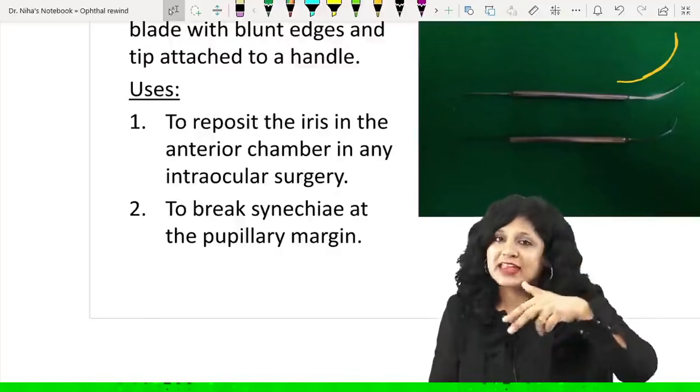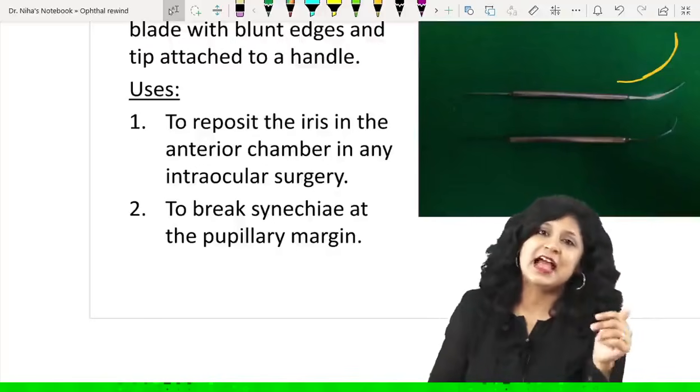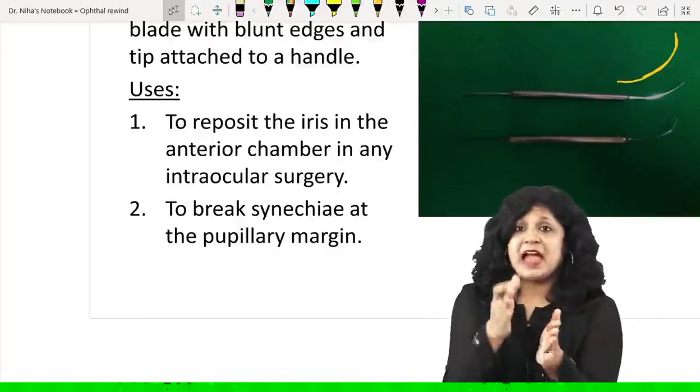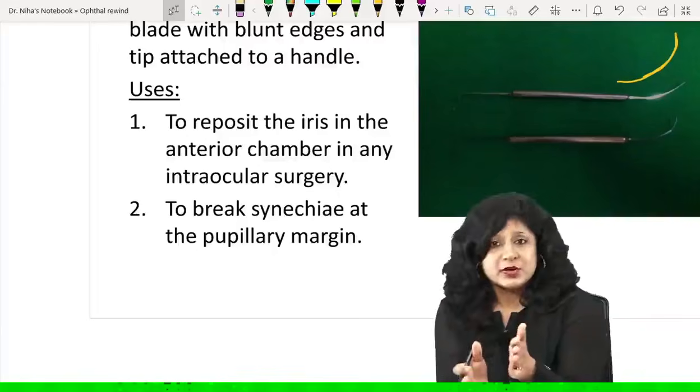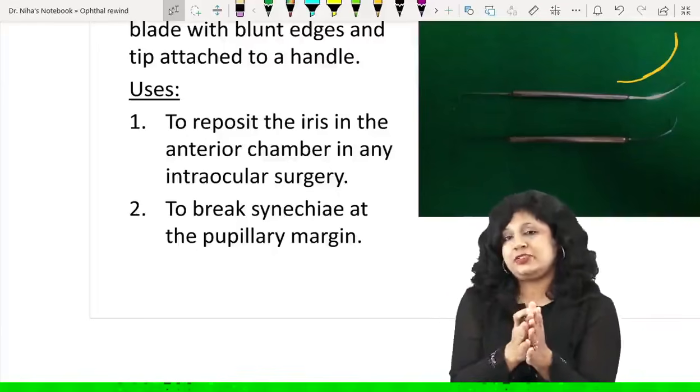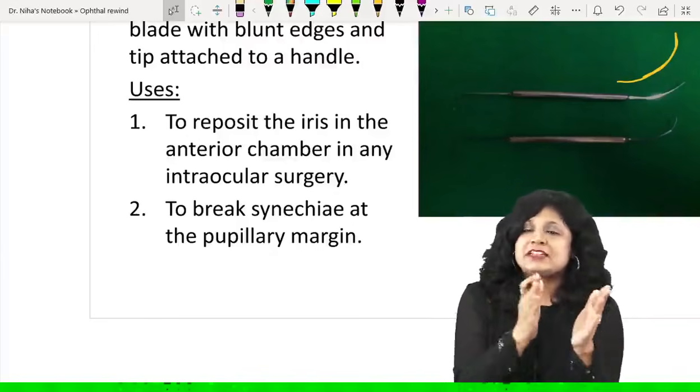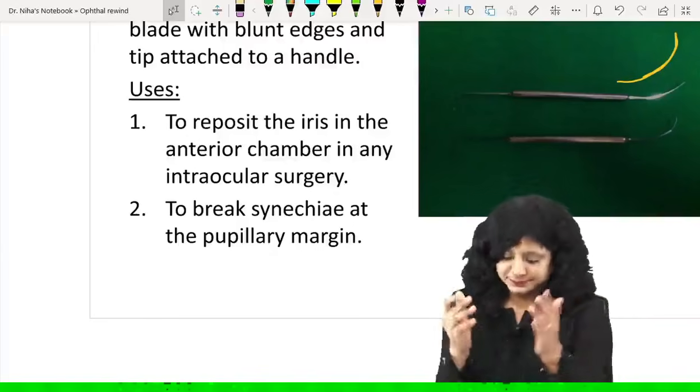So there again, in order to break that synechiae, I can use this iris repositor. So both of them, the IOL dialer and iris repositor, are sleek model instruments, and looking at the tip you can easily identify whether it's a repositor or a dialer.